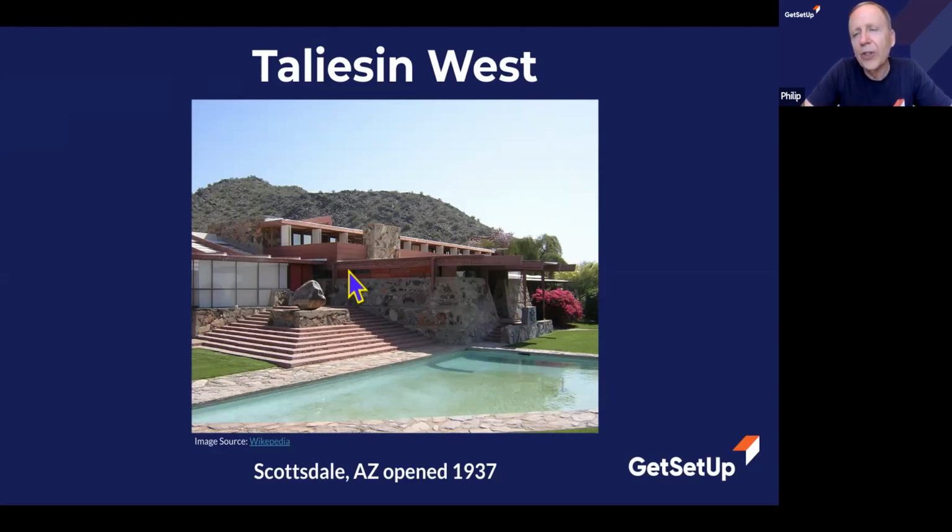What's really of interest is at this time, from before he builds Taliesin West, he has the Frank Lloyd Wright School of Architecture, and he has typically anywhere from 20 to 30 students that are with him. And so they literally would pack up and caravan between the two houses when they moved. So it wasn't just Wright moving, it was the entire school and the staff, support staff, etc.